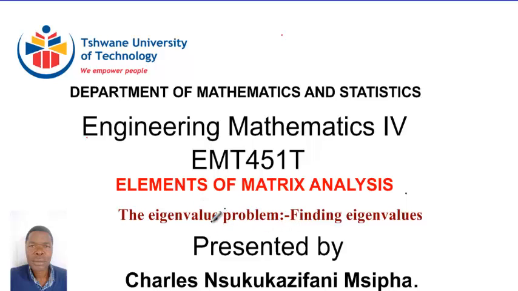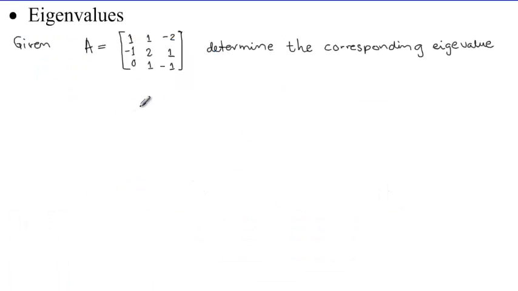In this presentation, we're going to look at how to determine eigenvalues of a 3x3 matrix. I'm going to take one matrix of this form. Like said, the given matrix A, determine the corresponding eigenvalues.